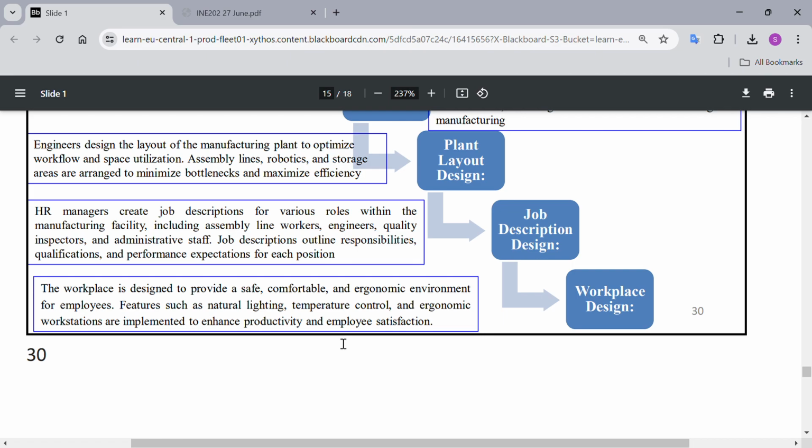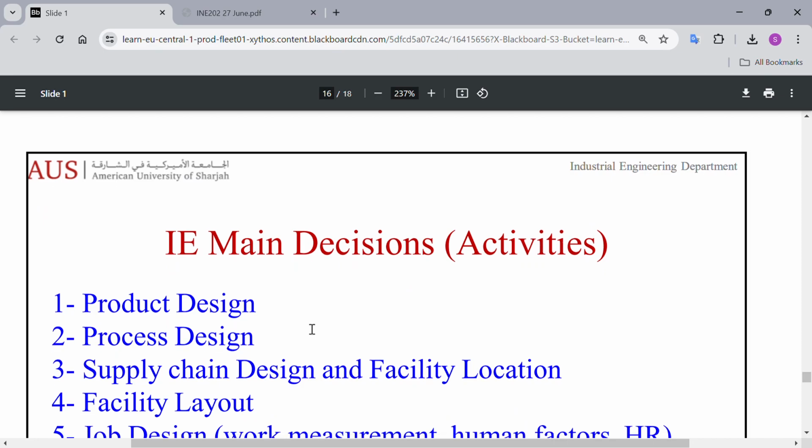Features such as natural lighting, temperature controls, and ergonomic workstations are all implemented to enhance productivity and employee satisfaction. So these are all made for the people who are going to work there. This is the workplace design. We need to design a safe place.